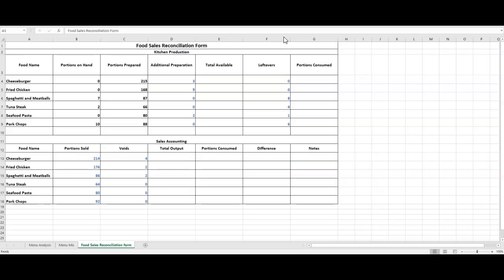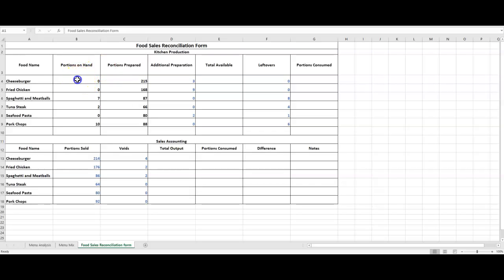So we've brought all of the information over for each of our foods from the kitchen production sheet, portions on hand and portions prepared. Again, we brought that over from page 2 of the packet that we had in class on Monday.